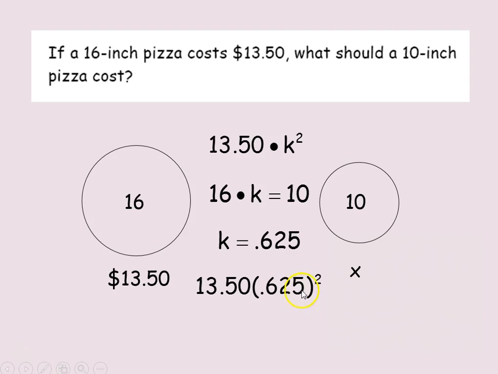So 0.625 squared times 13.50 is approximately 5.27. So in all fairness, if these are the same deal, you're paying the same amount for the same amount of pizza, this 10-inch pizza should be $5.27. So we found our scale factor k, we squared it because we're talking about areas here, and we multiplied that by the known value to get the missing value.